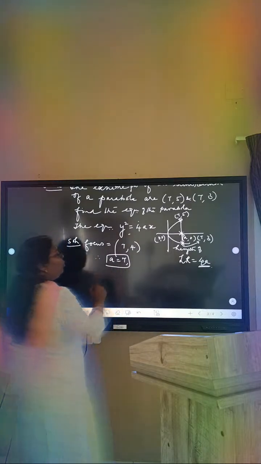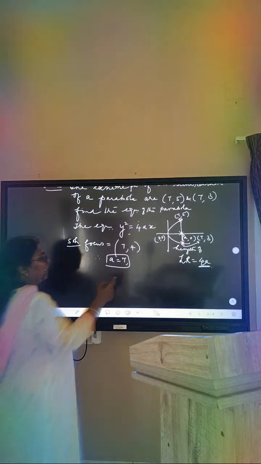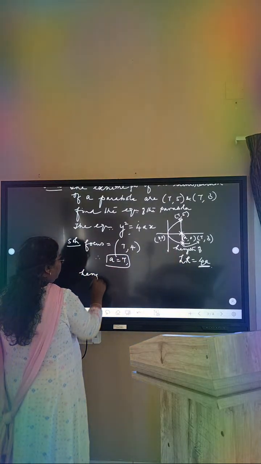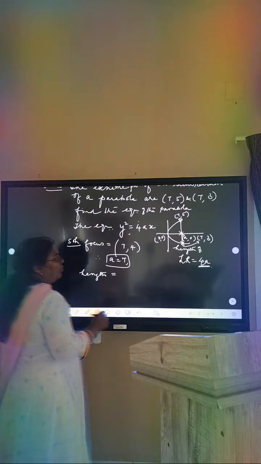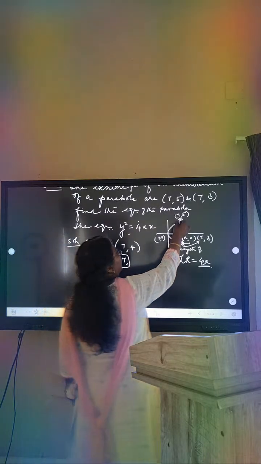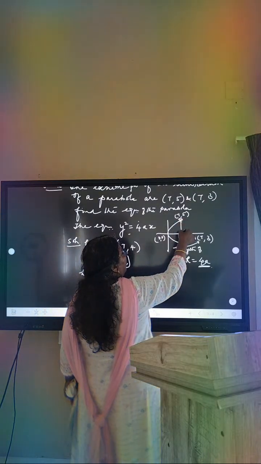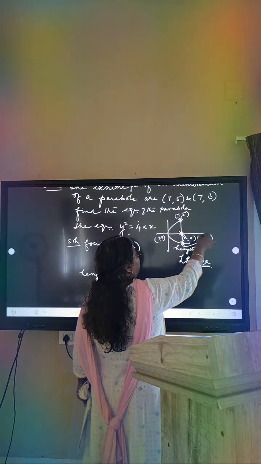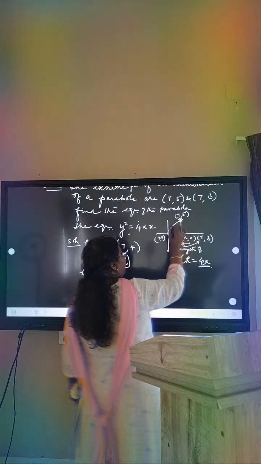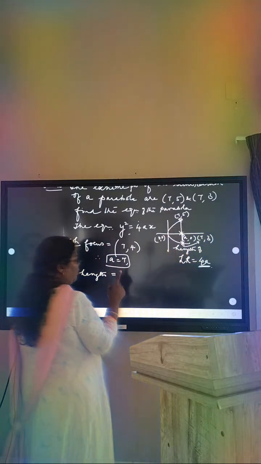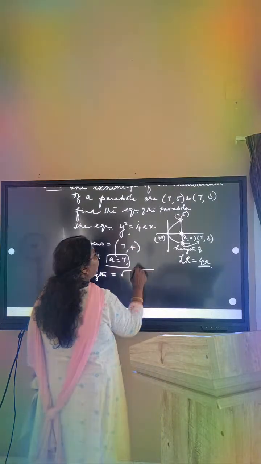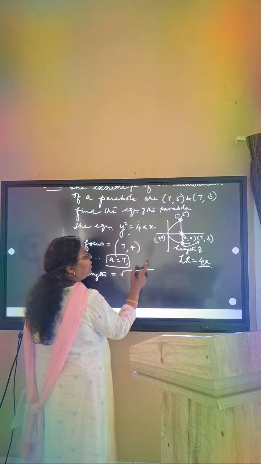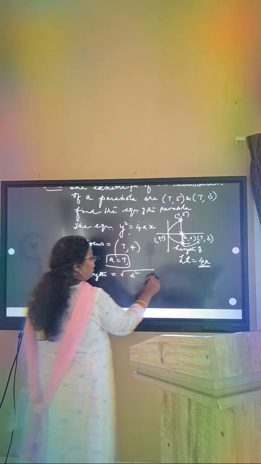Now we can find the length of the latus rectum. Using the distance formula, the length is equal to the square root of (7 minus 7) the whole square, that is 0, plus (5 minus 3) which is 2, 2 square, so the length is 2.